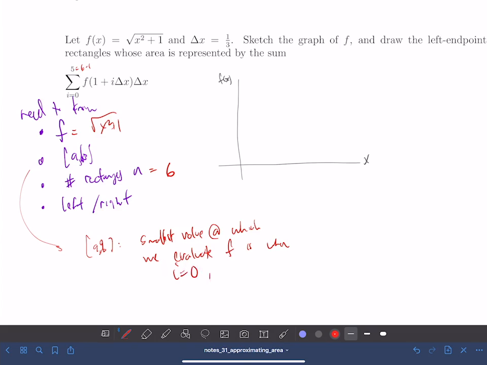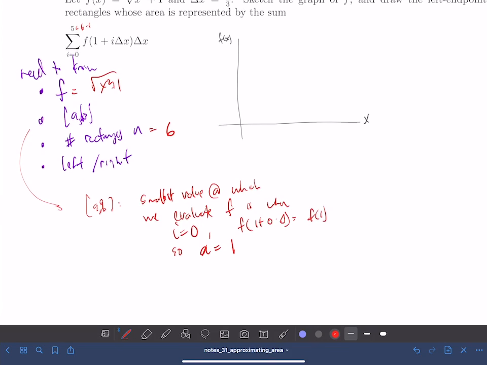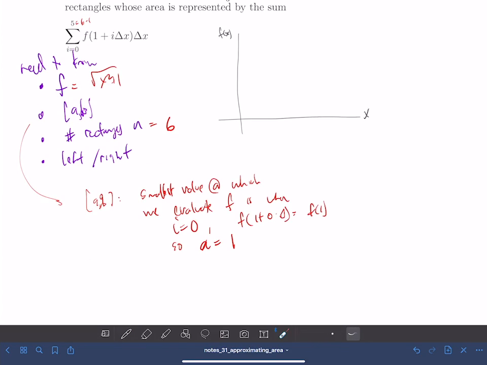That's going to look like f of 1 plus 0 times delta x, which equals f of 1, which means that lowest value is a equals 1. So I know what a is. A is 1. Cool. Next we need b.